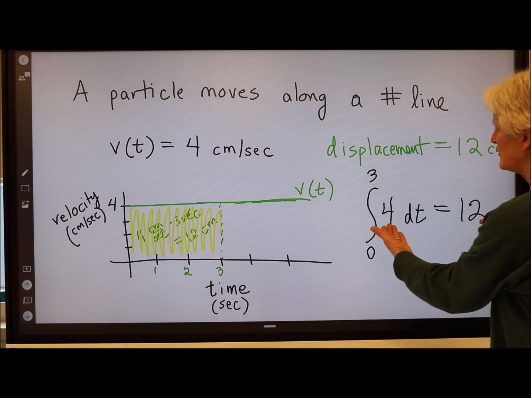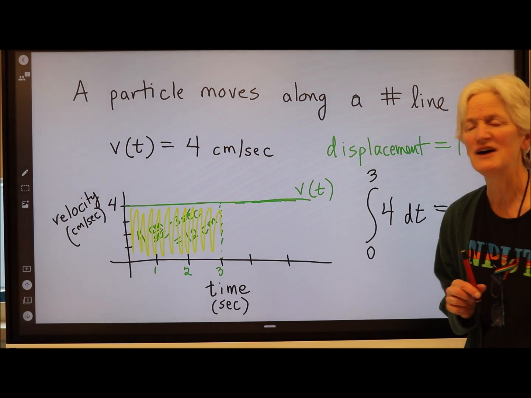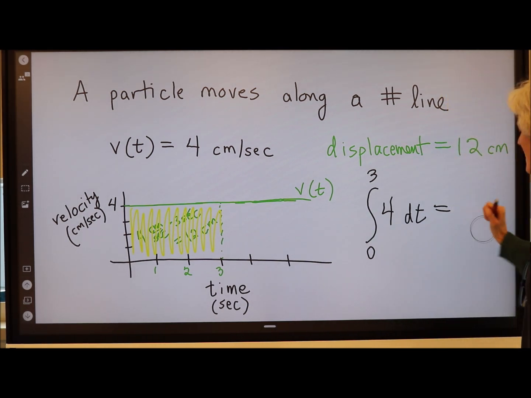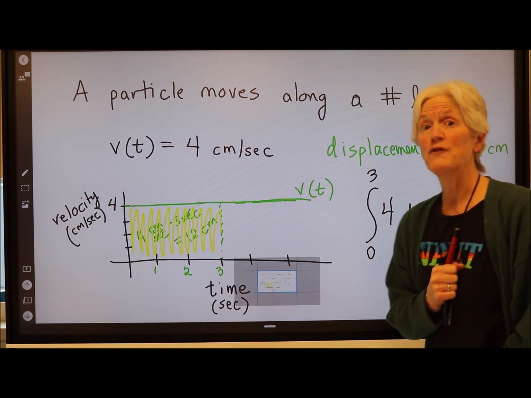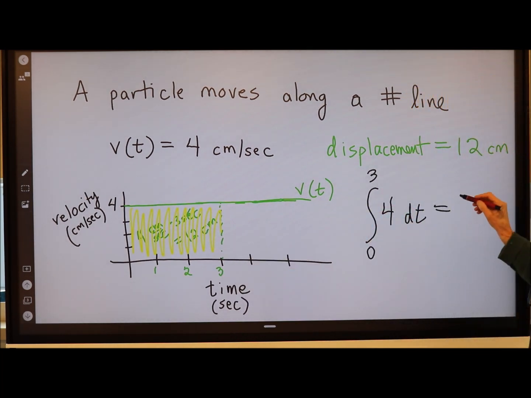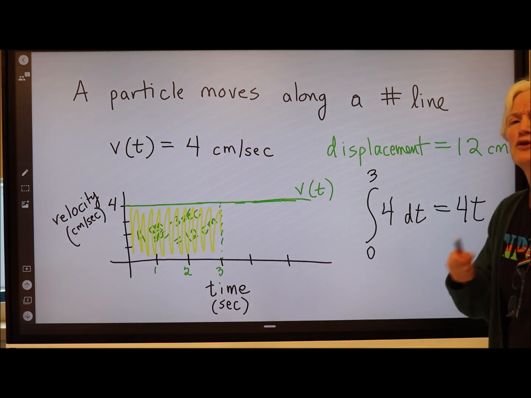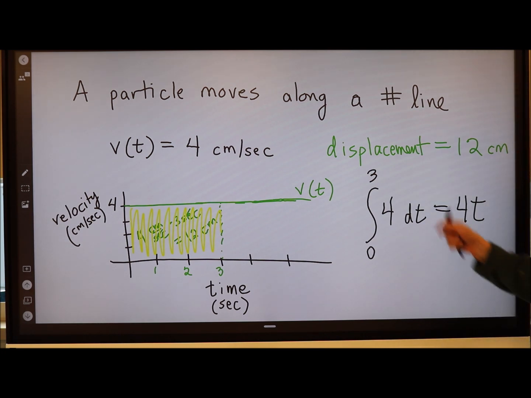Let's do this using the Fundamental Theorem of Calculus to make sure that is actually the case. The antiderivative of 4 with respect to time is just 4t. Now, let's review the notation we use. Once we find the antiderivative, we write a vertical line.